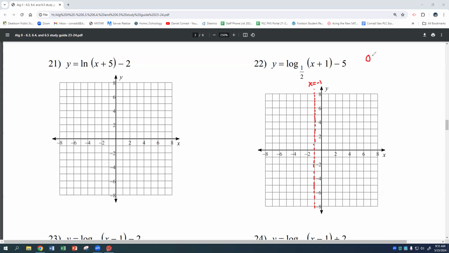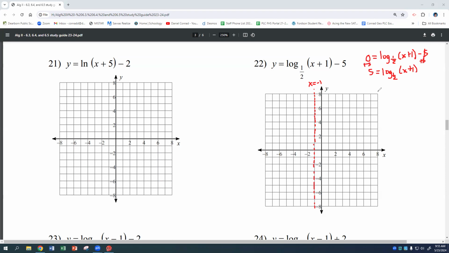Okay, step 2 is find your x-intercept. So we're going to plug in 0 for y. So it's log base 1/2 of x plus 1, minus 5. We're going to add 5 to both sides. So it cancels on this side, 0 plus 5 is 5.